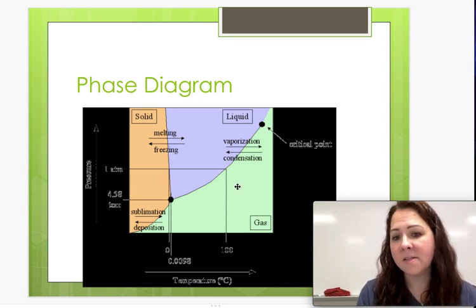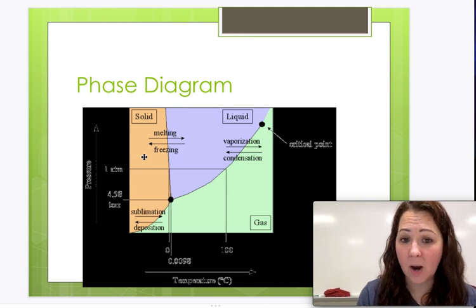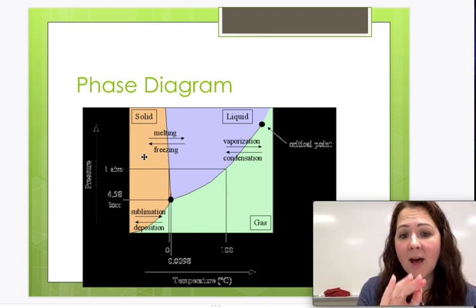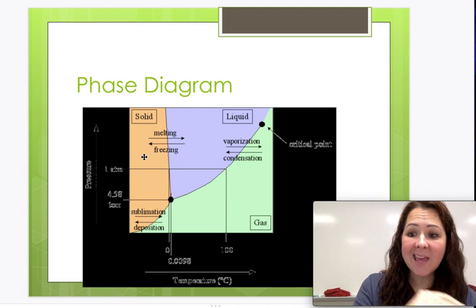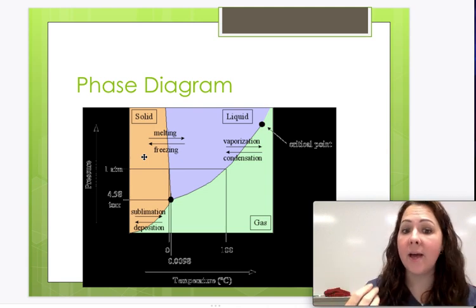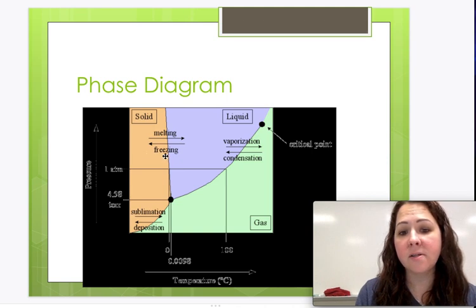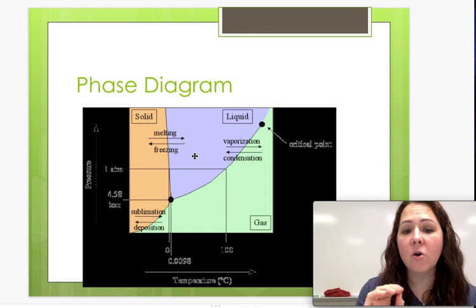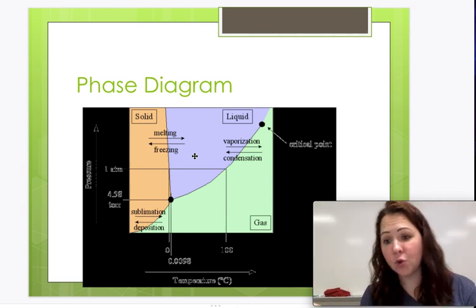Now it also might say, hey, you have a point that is right here. And if you have that point and your temperature increases, what's going to happen? So if my point is right here and my temperature increases, which means it's going to cruise across this way, I'm going across the line from a solid to a liquid.